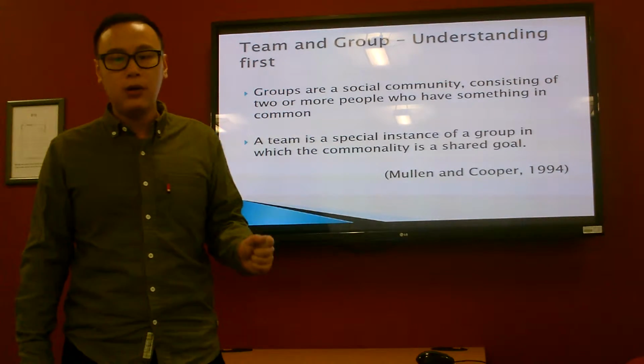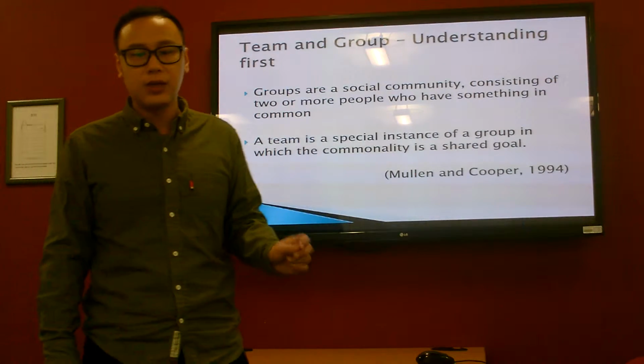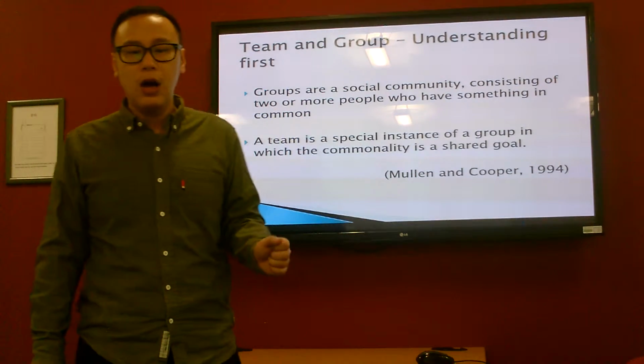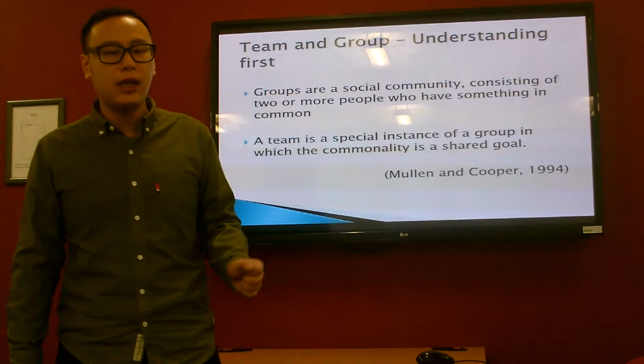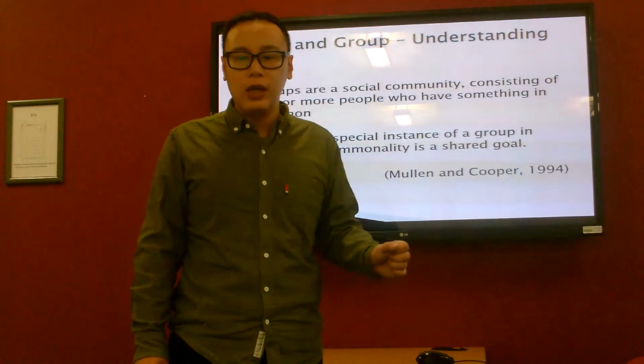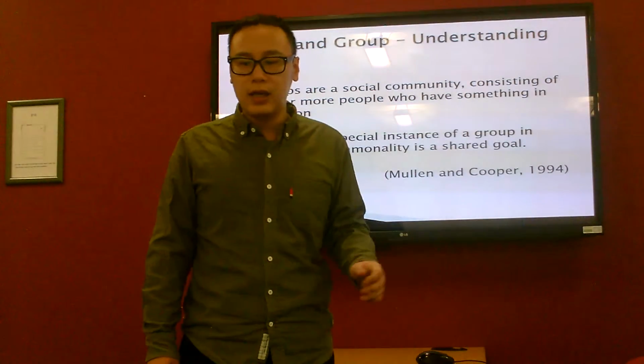According to Mullen and Cooper, a group is a social community of two or more people who have something in common, whereas a team is a special instance of a group in which the commonality is a shared goal.